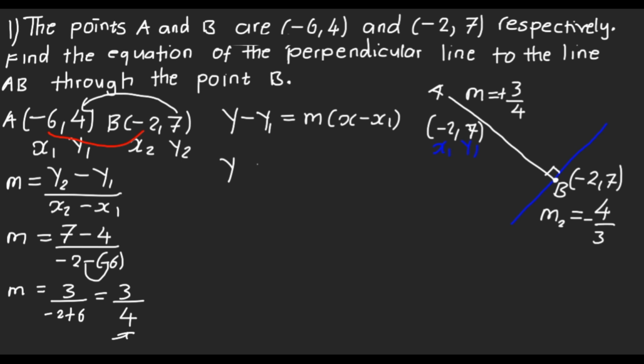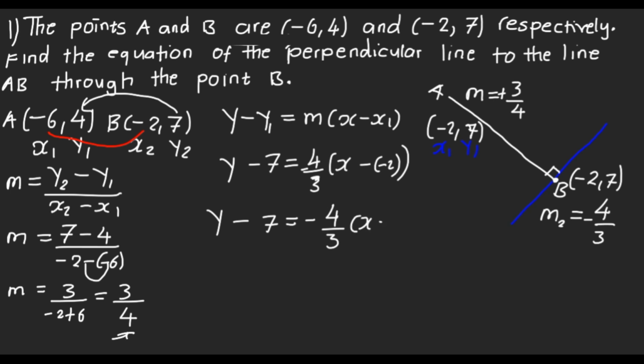So I'm going to say y minus y1, which is 7, equals our gradient, negative 4 divided by 3, times x minus x1, where x1 is negative 2. Then y minus 7 is equal to negative 4 divided by 3 times x plus 2. So negative times negative is positive 2.